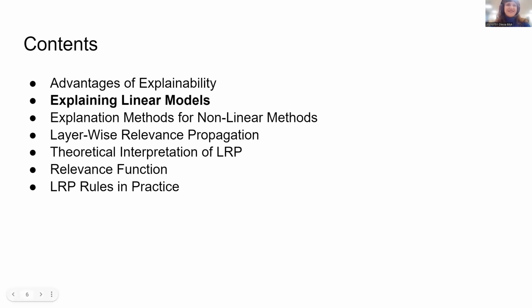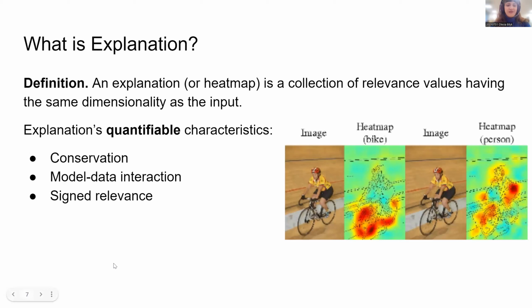Now that we understand how important explainability can be, let's discuss what it is. So an explanation or heat map is considered to be a collection of relevance values having the same dimensionality as the input. For example, for this image of the cyclist, that's how heat maps of models that interpreted it as a bike or as a person would look, respectively.